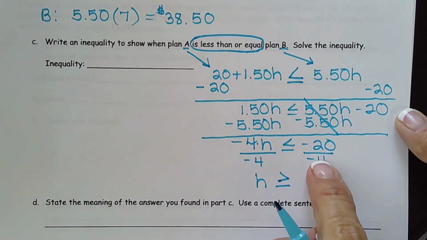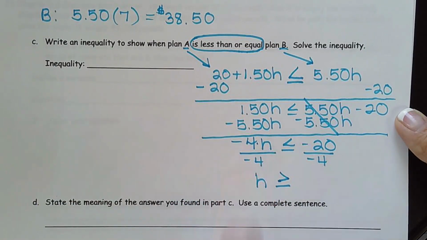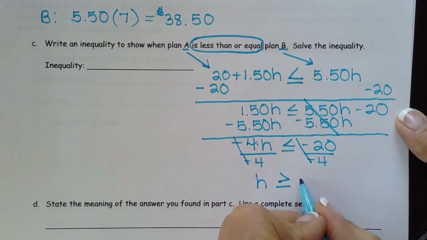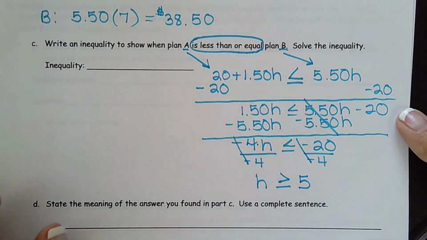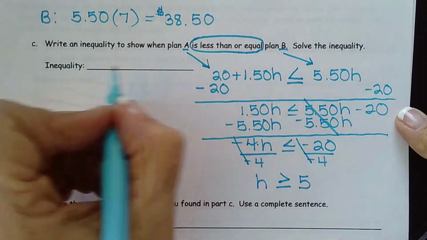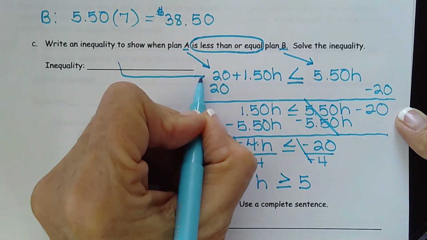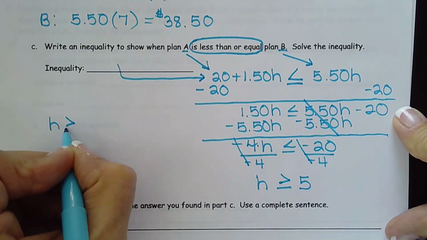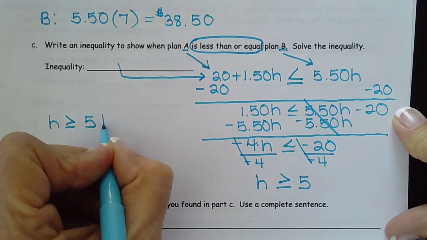Only when this number is negative, which means the number in front of H is negative. Double negative, so this would be 5. And we know H is hours, so this is the answer to that part right there. It said write your inequality. So H is greater than or equal to 5 hours.